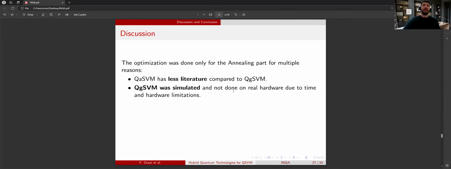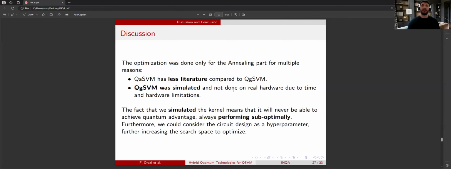One quick word about the optimization, and some of you might have noticed that it was done only on the hyperparameters from the annealer. This is because we deemed that the hyperparameters for the gate-based model, the kernel method, were not very useful for our purposes since it is still simulated. So being simulated, it does not count towards quantum advantage, nor does it bring many advantages over classical kernel methods.